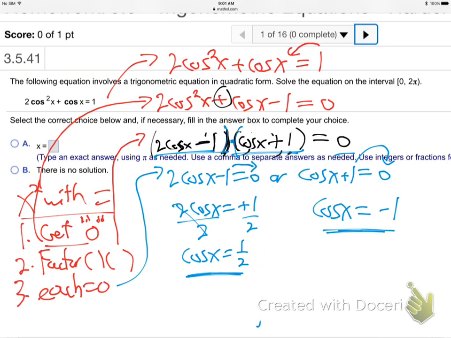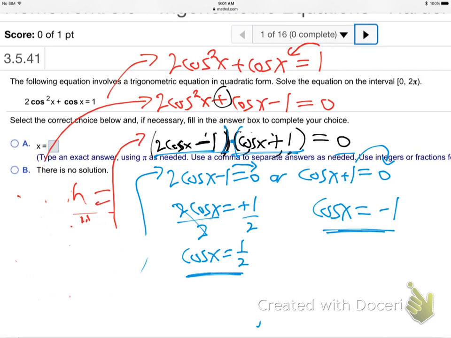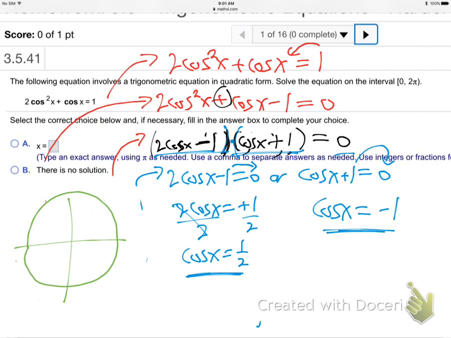Let me squeeze it in over here. Yeah, good idea. Okay, let me go over here and say, okay, so cosine, draw the unit circle. And you want to find the two places. Remember, there's always 2 places. Can you find the 2 places where cosine's a half?